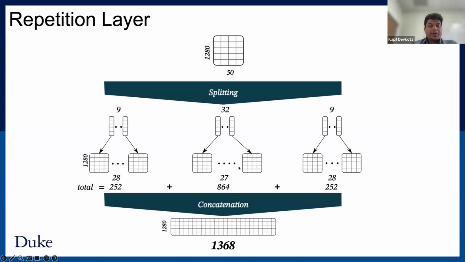Like in the reduction layer, the window size at the start and the end blocks is going to be one more than the middle blocks, and concatenating them all together gives us the final result. So the reduction and repetition layers do not require any parameter and are very simple operations for converting variable length to fixed length and fixed length to variable length representations in a differentiable manner. So we can pass the gradient backward from these layers to the actual parameterized layers.